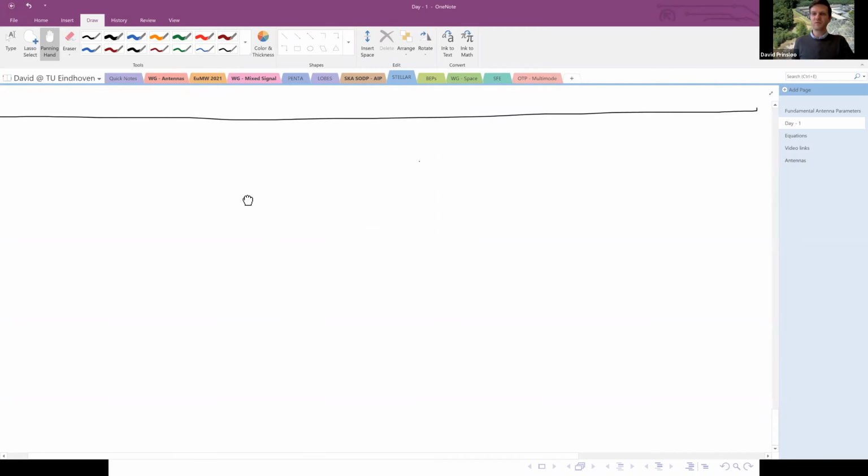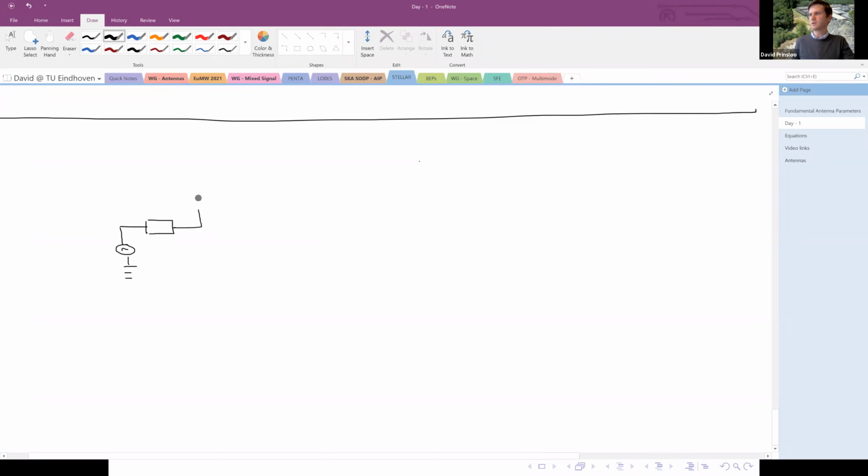So the purpose of the Friis Transmission Equation is the following: if you have a generator, with a certain load connected to an antenna, and you have another antenna connected to a detector, which I'll just represent here by a load again.